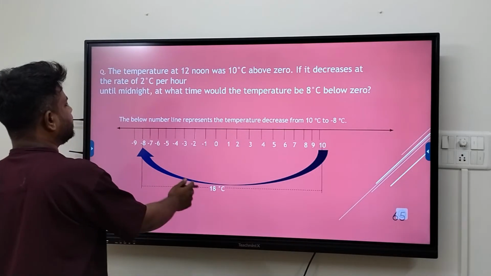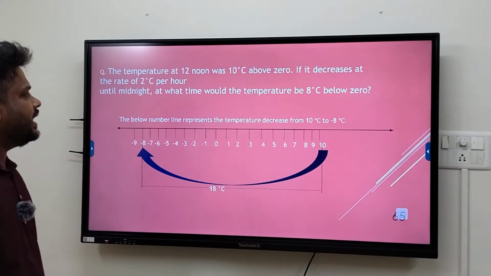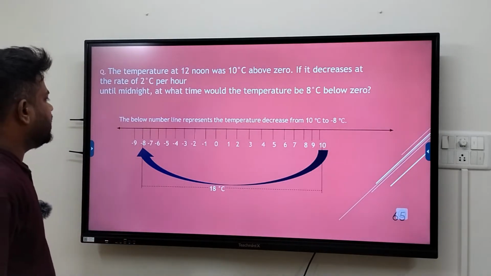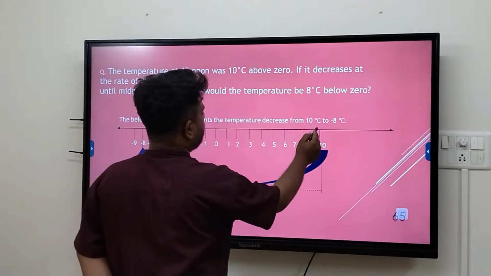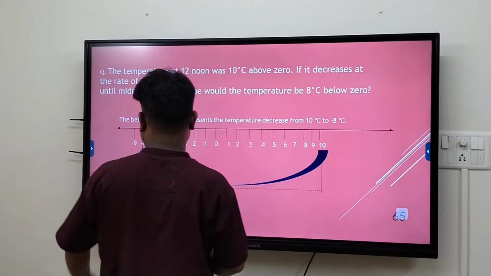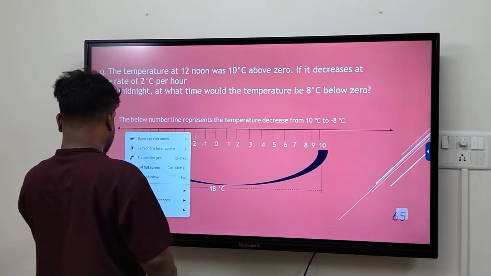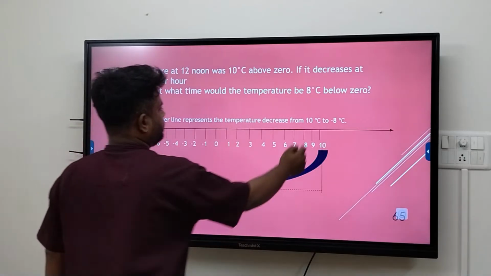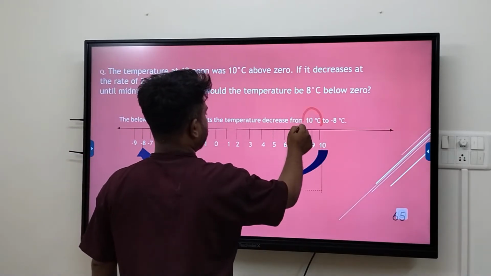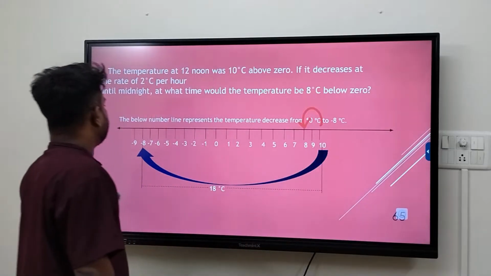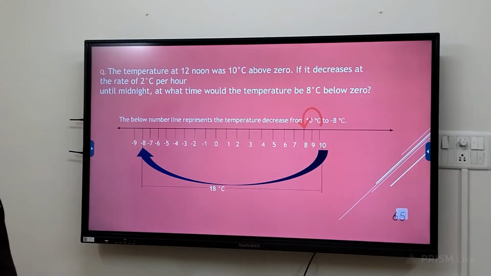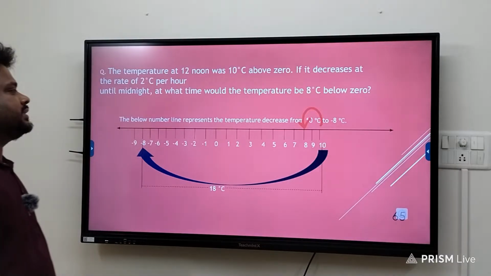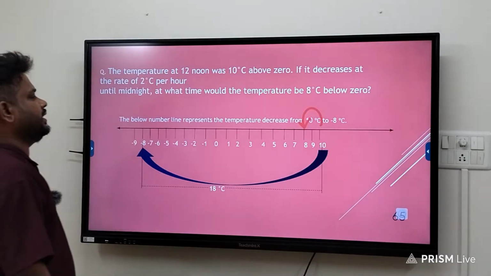So the temperature will be minus 8 degrees. Every 2 hours it is decreasing like this, starting from 10. The number line below represents the temperature decrease from 10 degrees centigrade to minus 8 degrees centigrade.